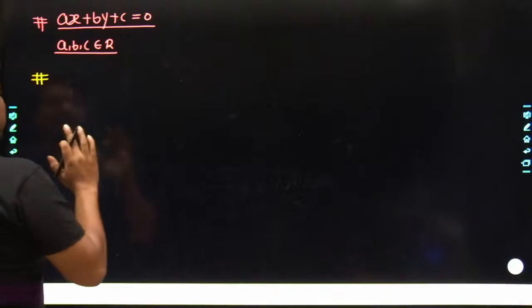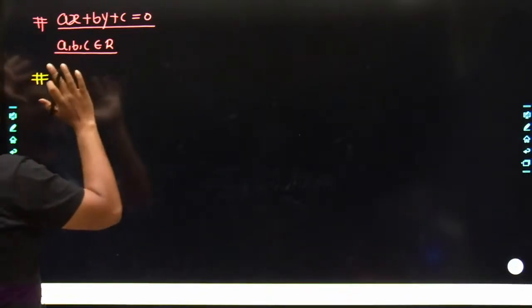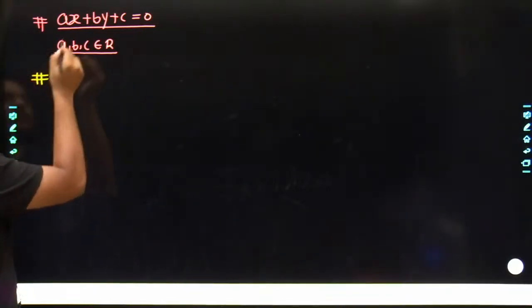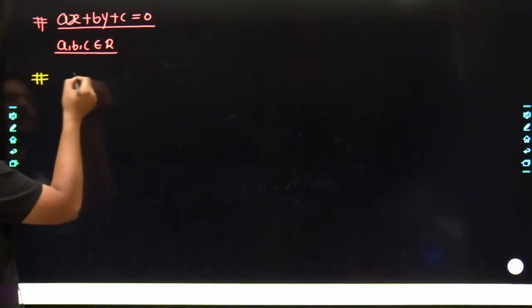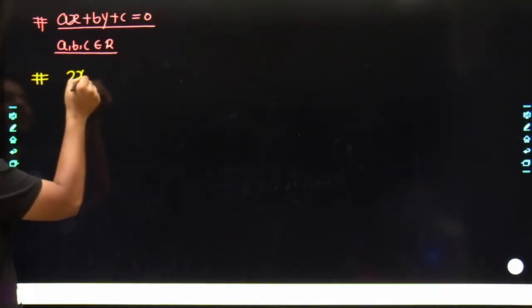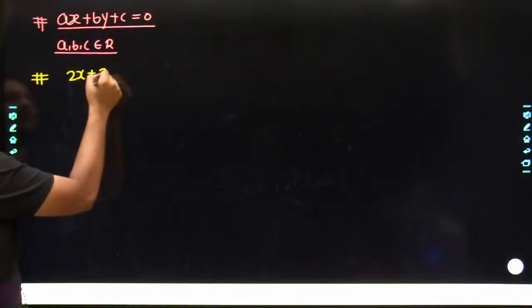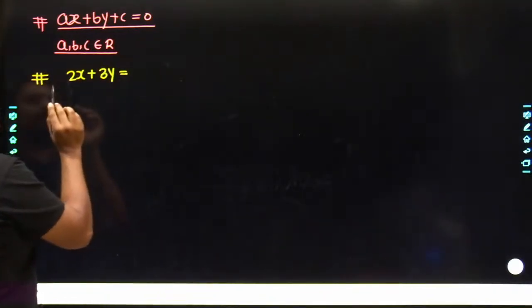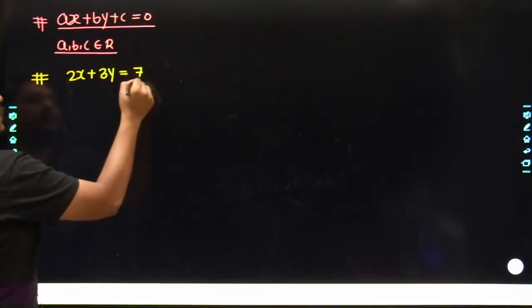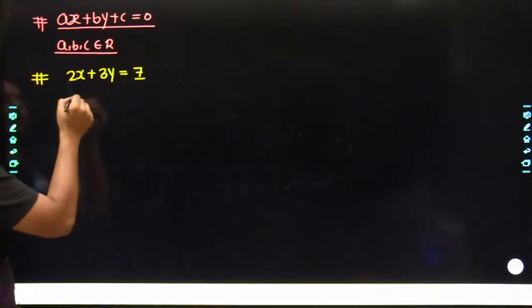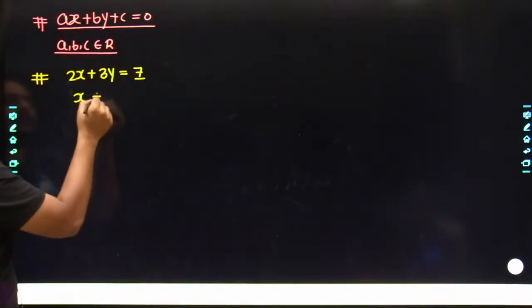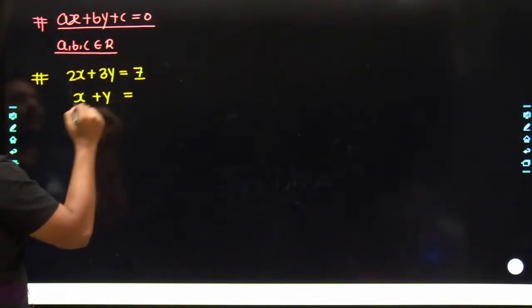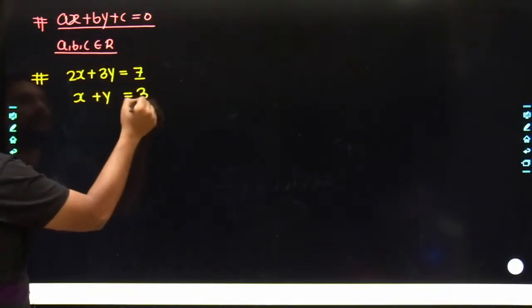Let's assume I have two straight lines. The first equation of the straight line is 2x plus 3y equals 7. Similarly, x plus y equals 3.